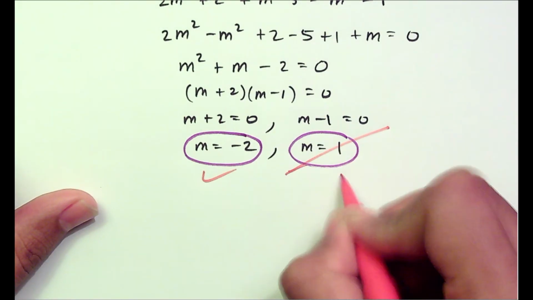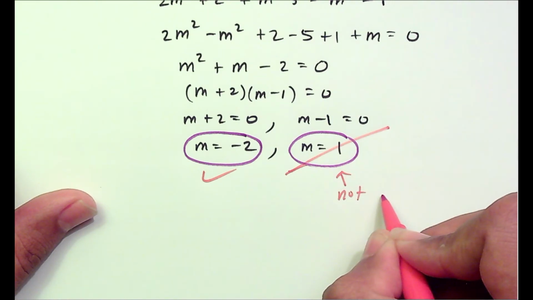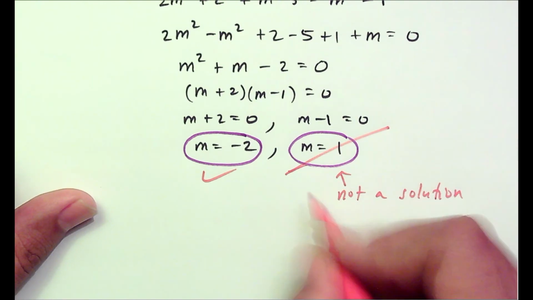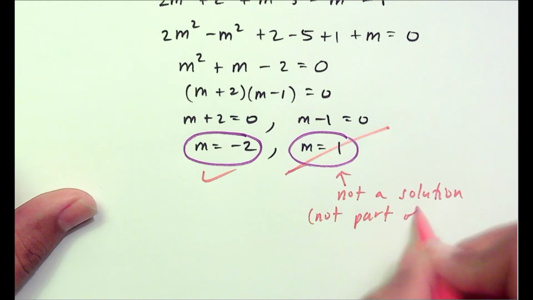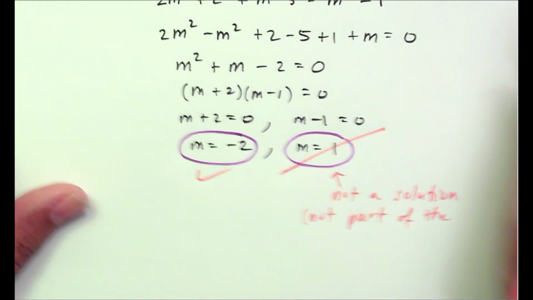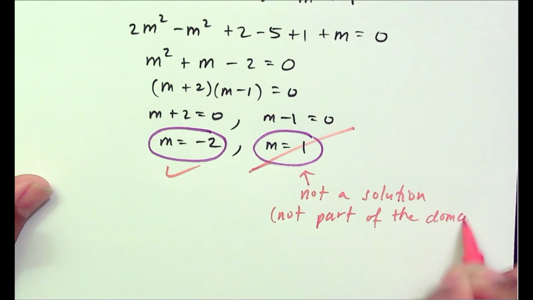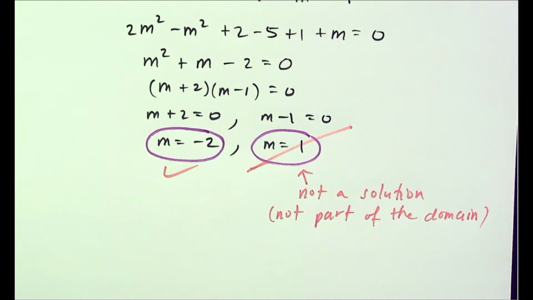This one is not a solution because it is not part of the domain. All right, and that's it. That's how you solve rational equations in general.